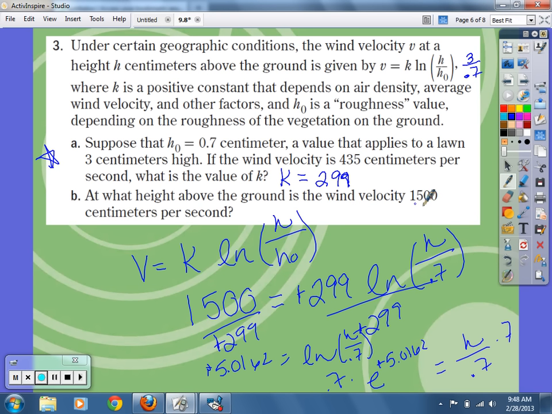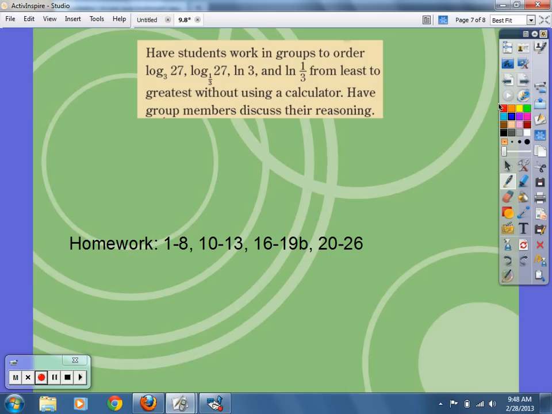At what height would it be to get this velocity? 105. We're talking about centimeters. It's really tall grass. But it seems good. Okay, sorry for that mix-up.